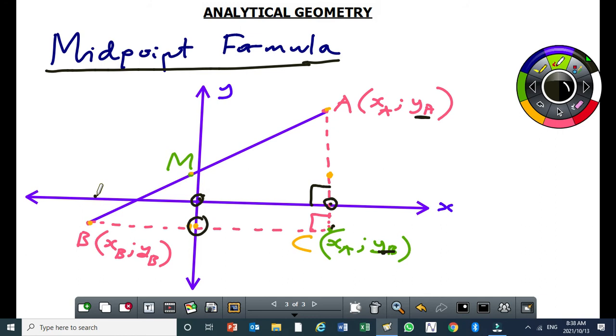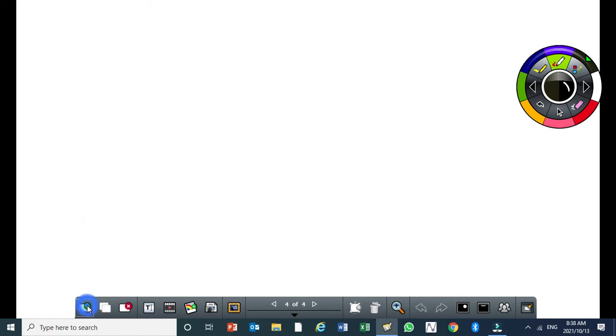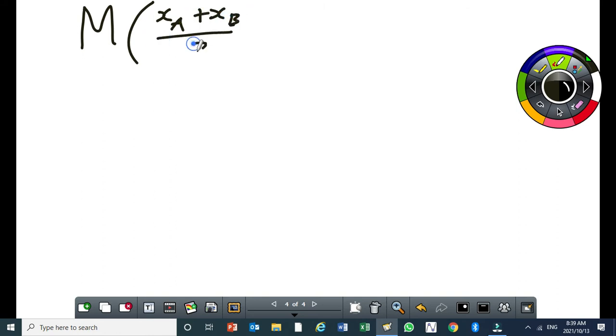Okay? So let me just generalize this. I'll go to the next page. The midpoint formula, which we represent by capital letter M. The midpoint is a point. Please take note of that. So you can't say M is equal to at this stage. Based on our diagram, the X value at the midpoint will be equal to XA plus XB over 2.